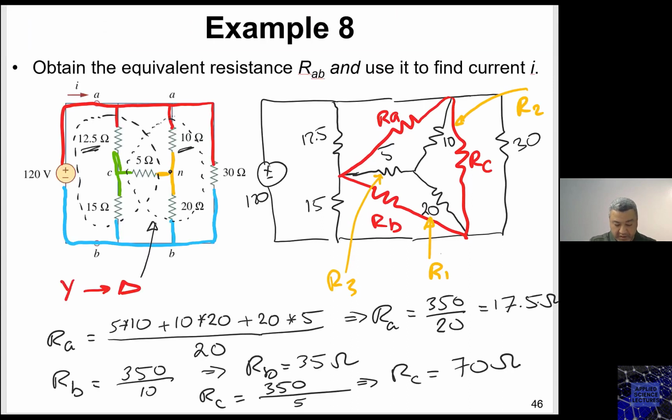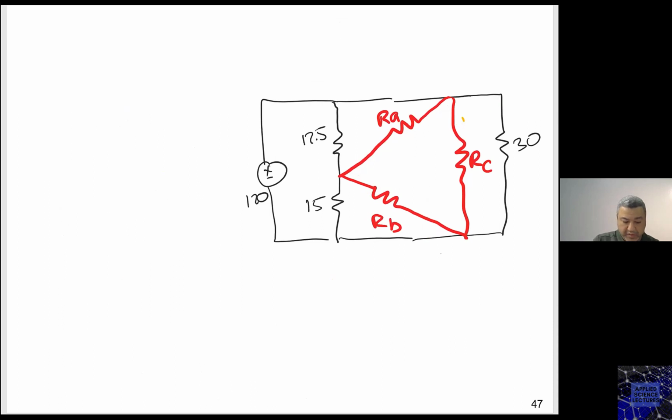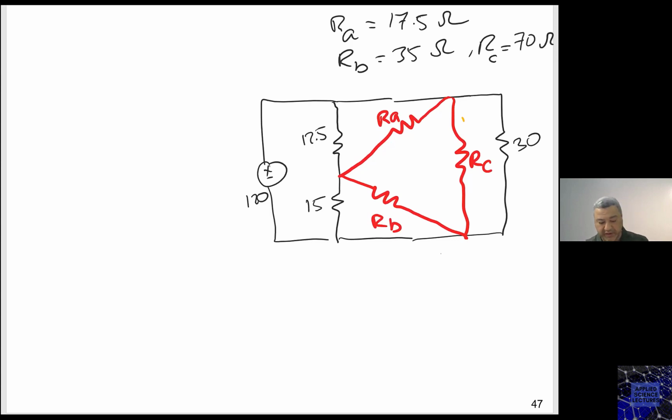I said RA is 17.5, RB is 35, RB is 5 ohm, and RC is 70 ohm. Now, if you look at this circuit, I have RC and 30.